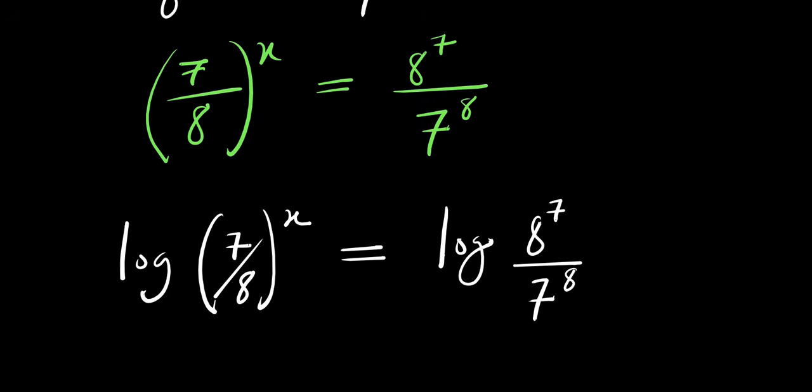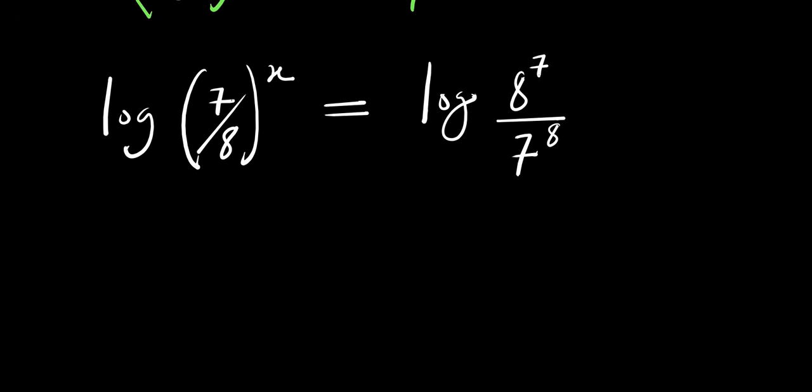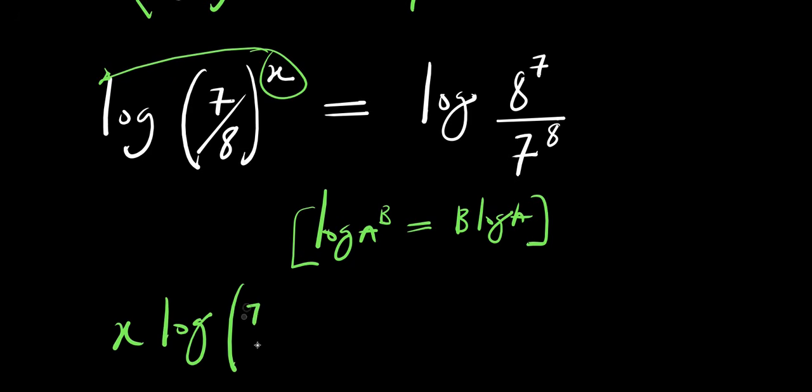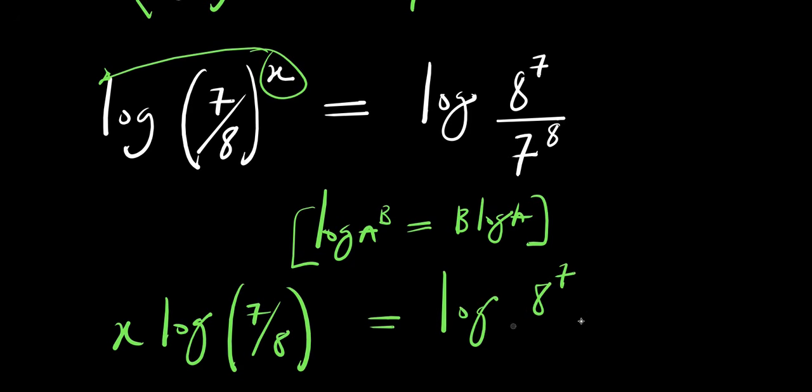Now, the next step we are going to take will be to apply this logarithm property. If you have log a to the power of b, this equals b times log a, meaning the x will come behind the log. We have x times log 7 divided by 8 equals log 8 power 7 divided by 7 power 8.